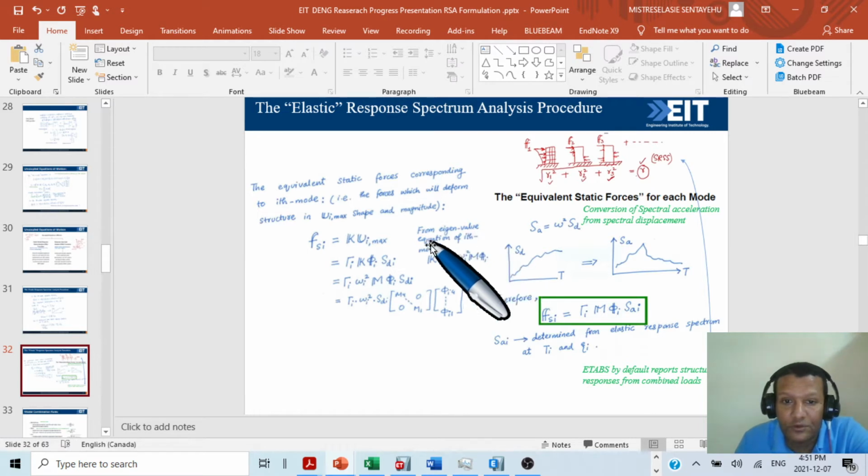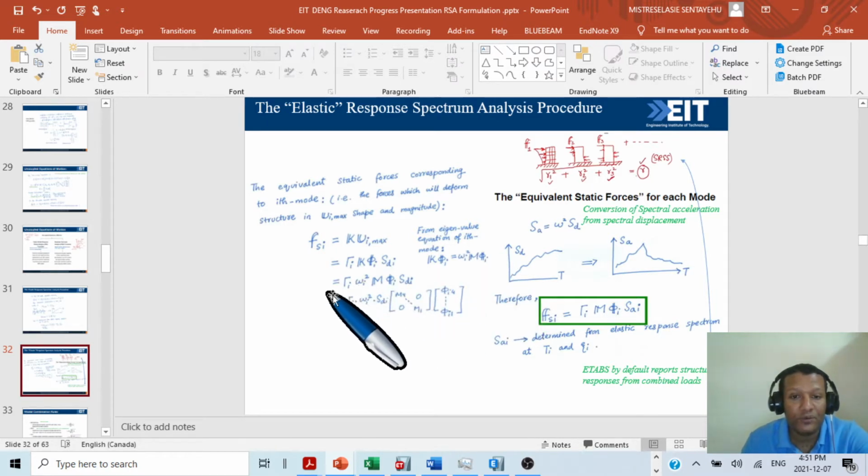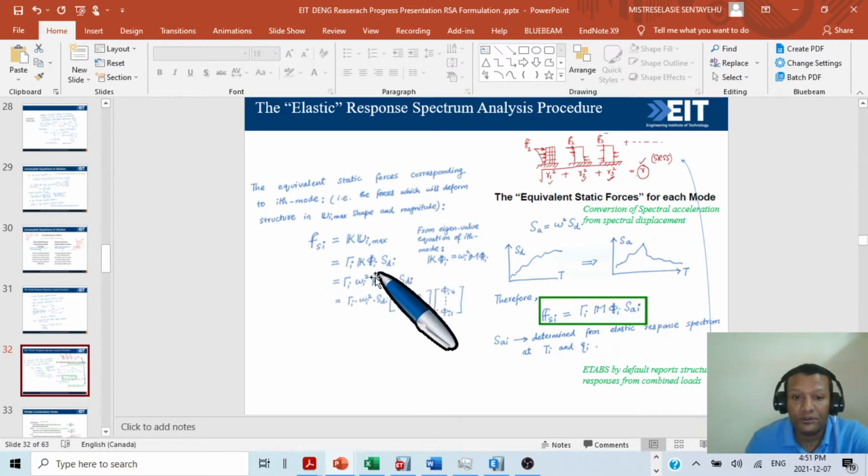From the eigenvalue equation, K phi i is equal to omega square m times phi i. So let's replace K phi i with omega square m times phi i here. So we have the mass participation factor, omega square, mass matrix, phi i times S D i.